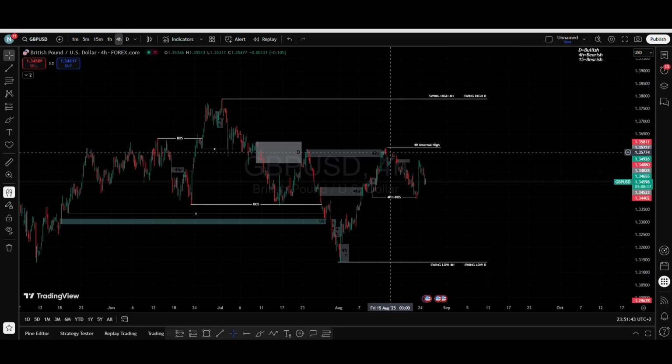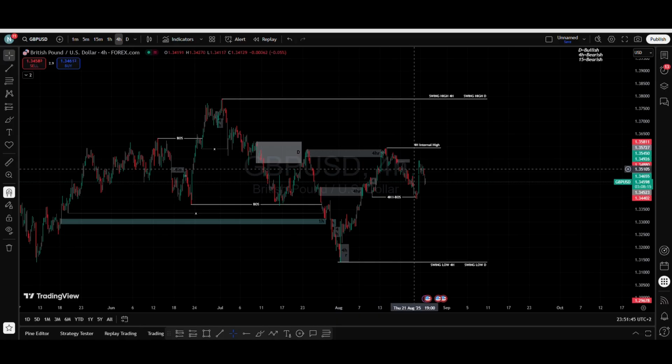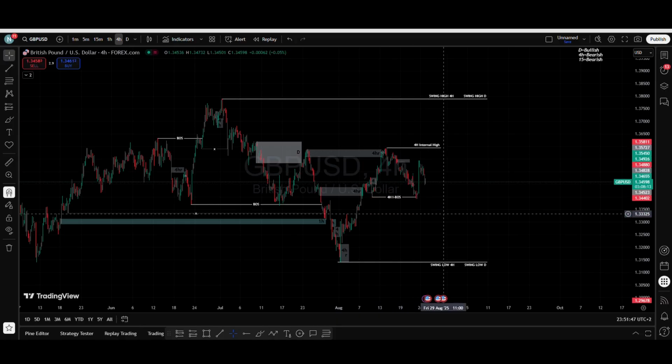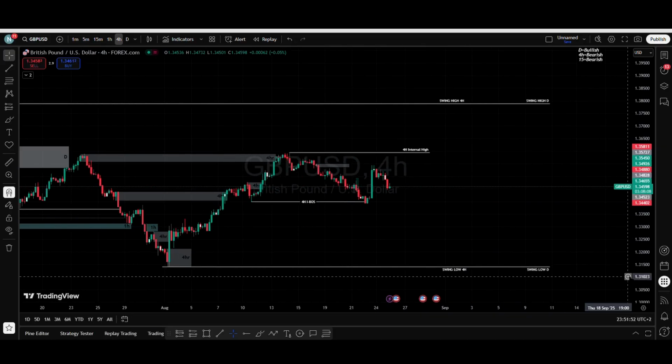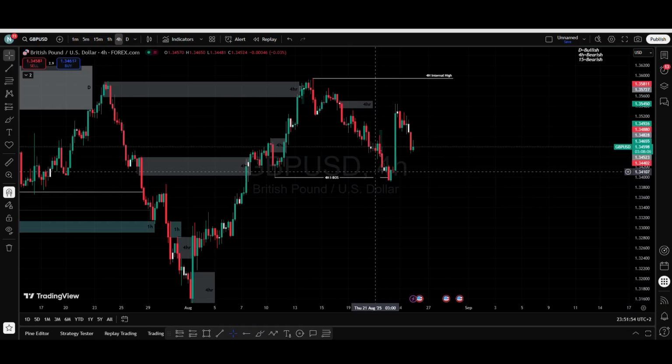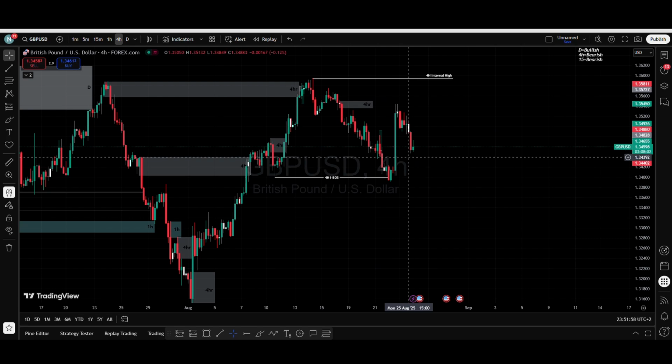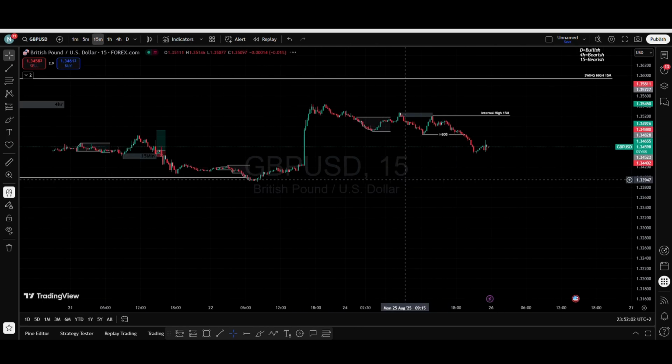We've had this pullback in, and now we'll see if we do get the next swing leg going down, since we did have an internal break of structure right there, pull back, and then do we get the selling off right there is the question.